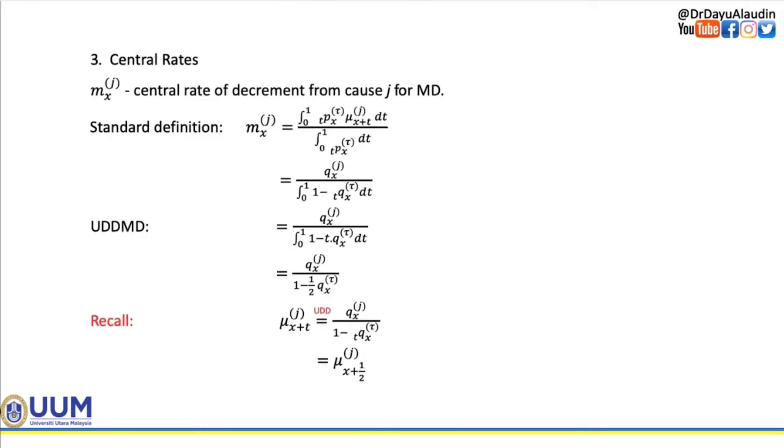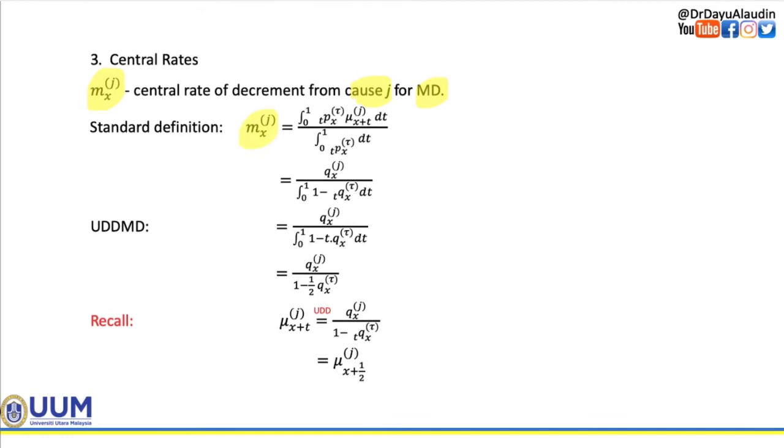The last assumption is center rates. The notation for center rate is mxj, center rate of decrement from cause j for multiple decrement model. So this is the standard definition.